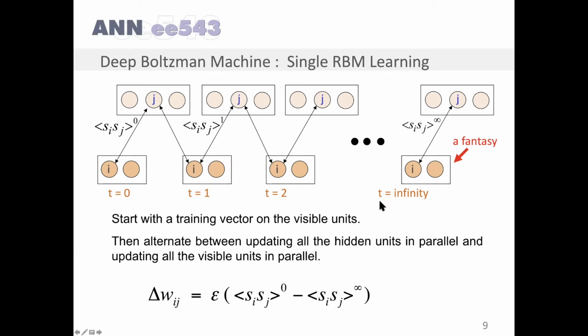These expected values of SiSj pairs are used in determining the change in the connection weight. It is set as a learning rate epsilon multiplied by the expected value of SiSj at step 0 minus the expected value of the SiSj pair at infinity. Notice that this weight update formula requires updating the outputs of the neurons several times to obtain the values of the outputs of the units at a large iteration.